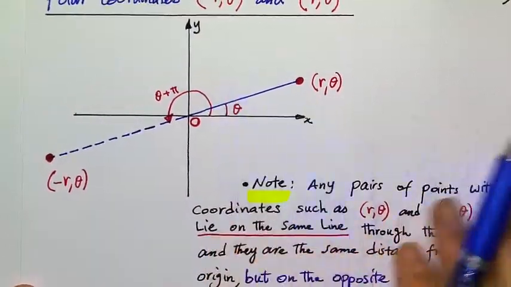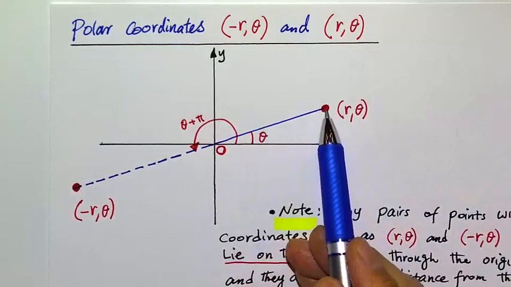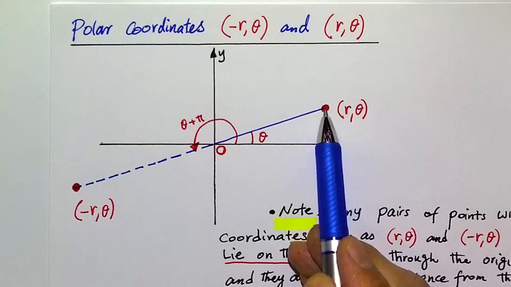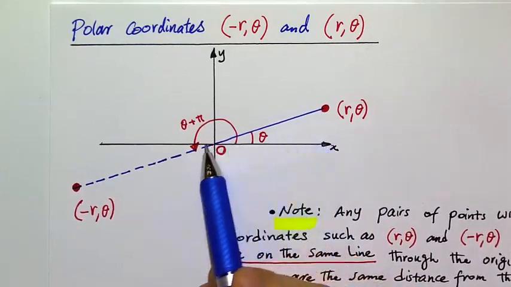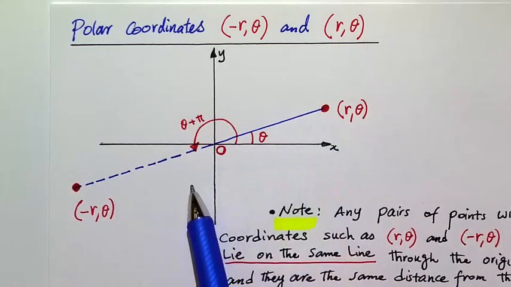So if that happens, the interpretation of that is that suppose we have a point with polar coordinates r comma theta, theta being that angle from the polar axis to that line, from the pole to that point.